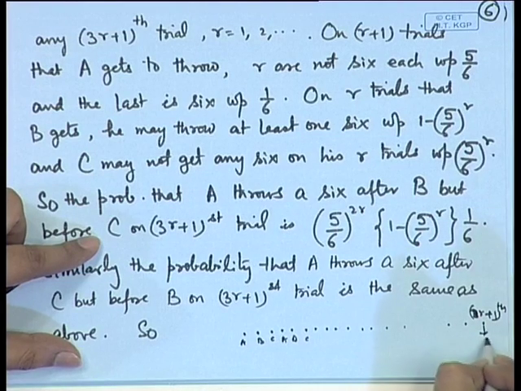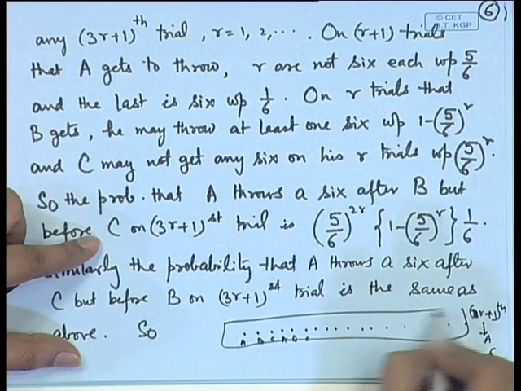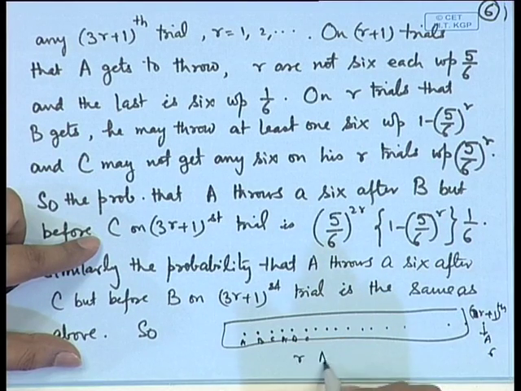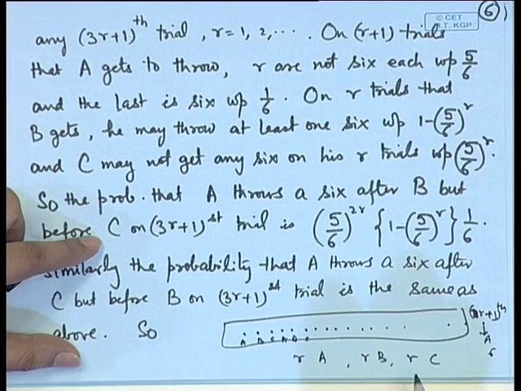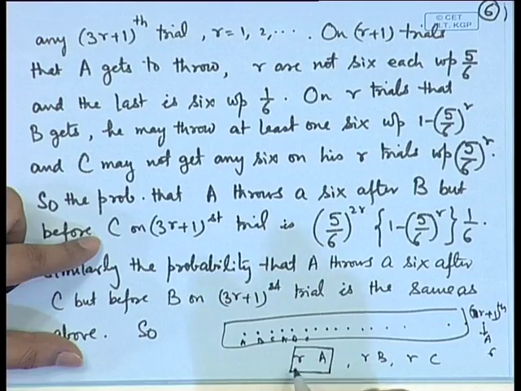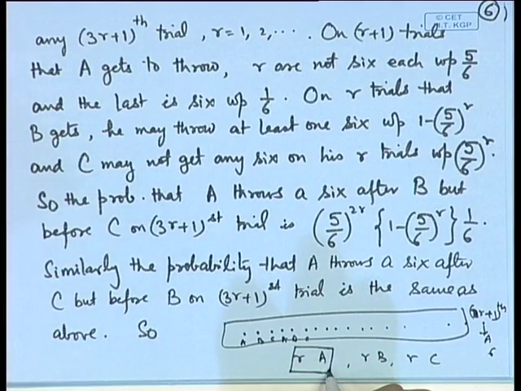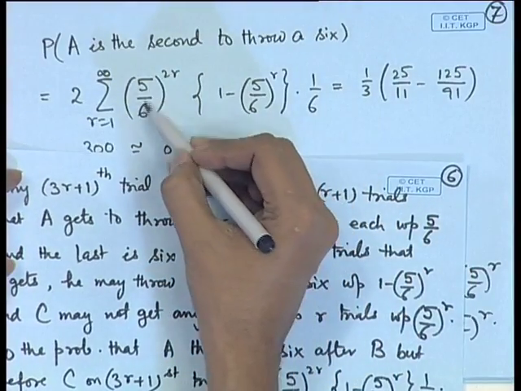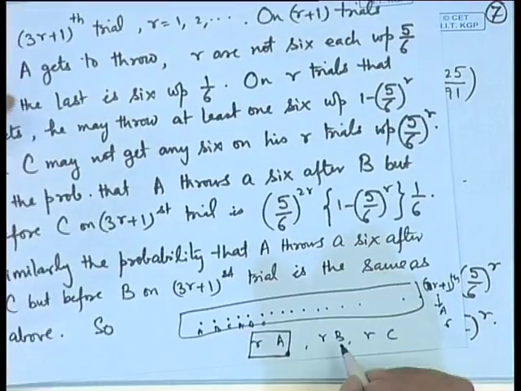So, here A gets a 6, and before that there are r trials for A, r trials for B and r trials for C. In the r trials for A, there is no 6, therefore, the probability of that is 5 by 6 to the power r.